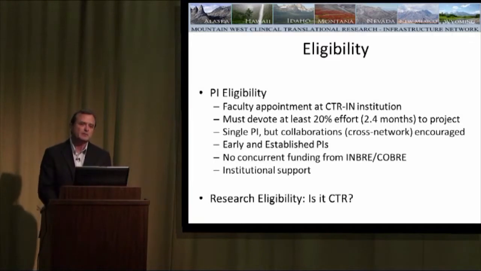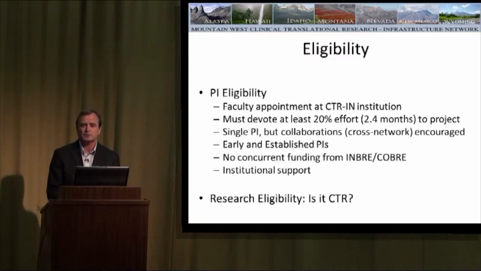The people we're really thinking about here, who would be a big asset to this program, are basic scientists that have a strong track record and know how the NIH system works, but may not have had access to clinical samples or populations in order to move into a translational project. So again, there's no restriction on career stage. We're interested in young investigators setting up programs and established investigators in new directions.